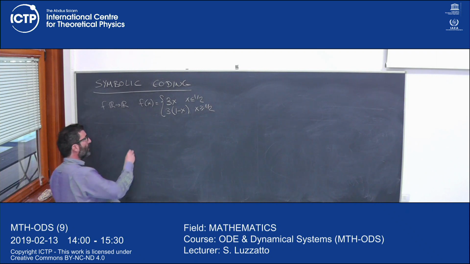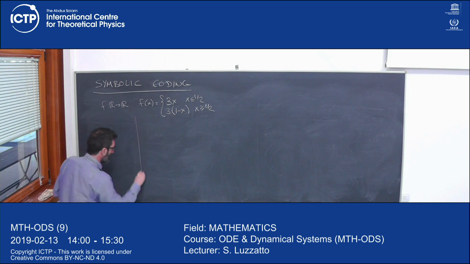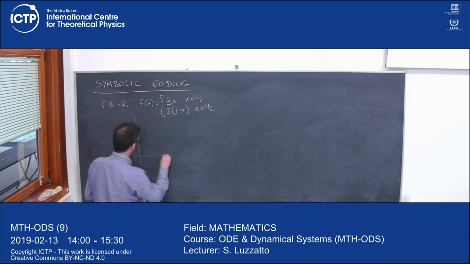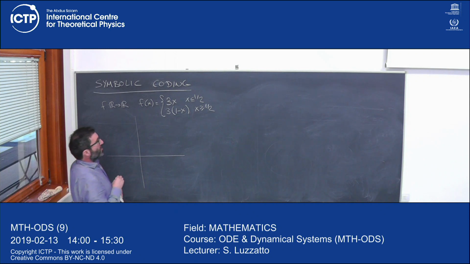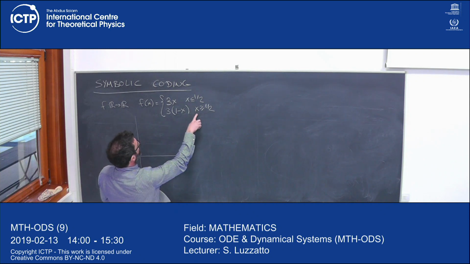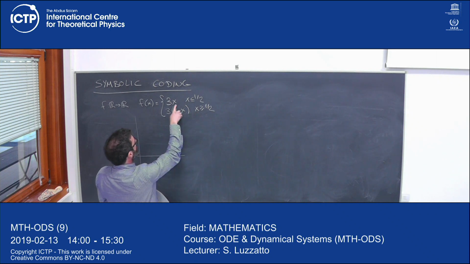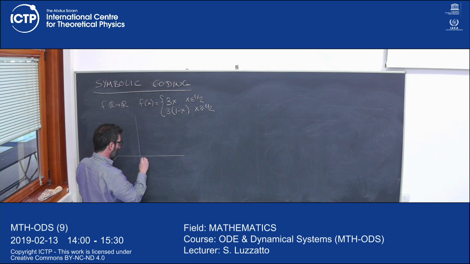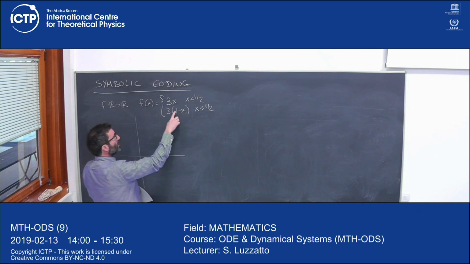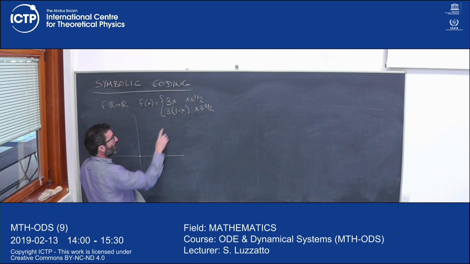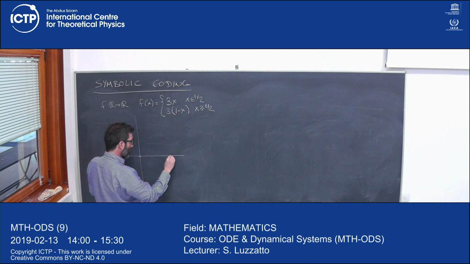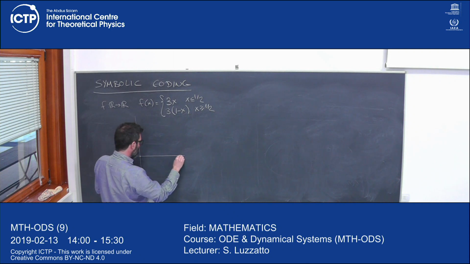So what does this look like? You notice when x equals a half, these coincide actually. This is 3 halves, and this is also 3 halves, right? When x equals 0, this is 0. When x equals 1, this is 0. So here we have, let's put it here, 0, 1.